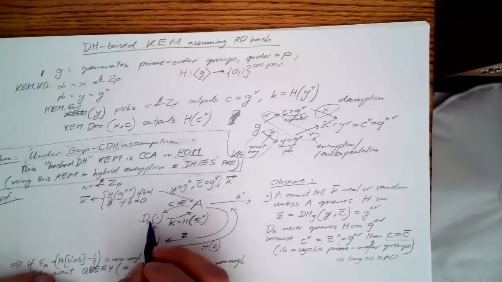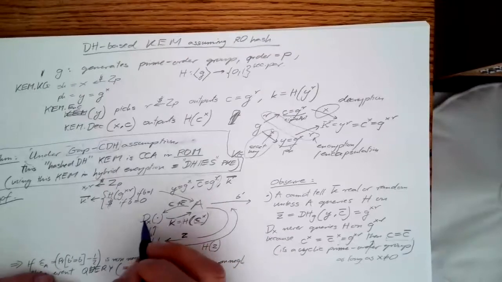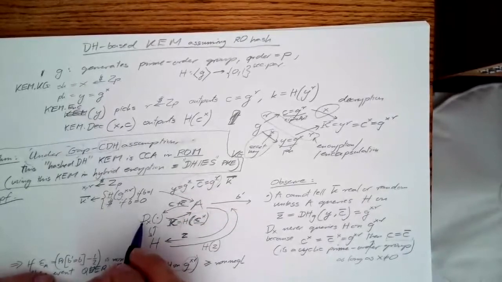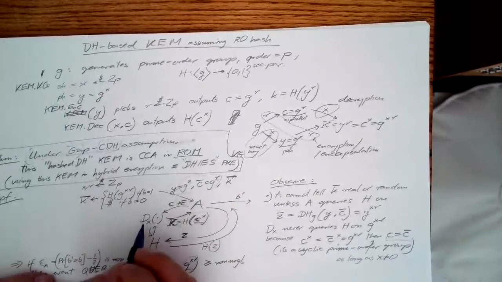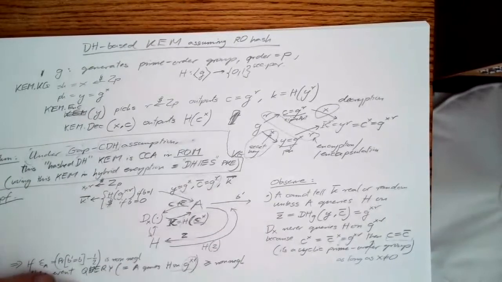Well, the only way to tell is to hash this preimage. Let's say the reduction just returns random capital K values as decryption outputs. How could the adversary tell that the reduction is divergent from the real security game? It would only tell this if it queries Z equals C to the X to the hash.